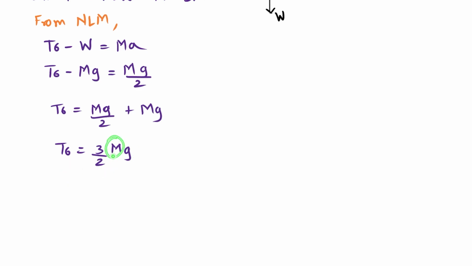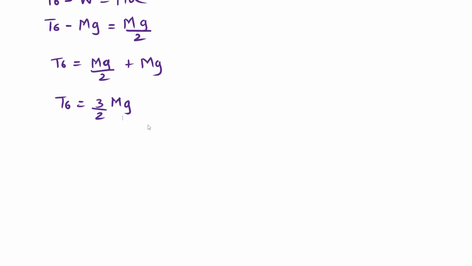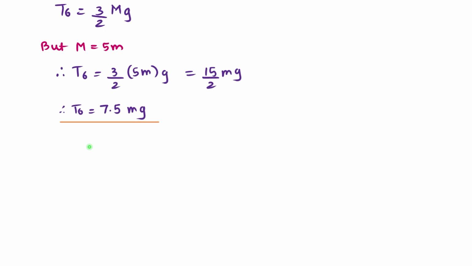Now, the value of capital M is known to us, as we have discussed. It is 5m. So if we substitute that value, we get T6 equal to 3 by 2 into 5m into g. Solving it further, we get 15 mg by 2, and the decimal value is 7.5 mg.